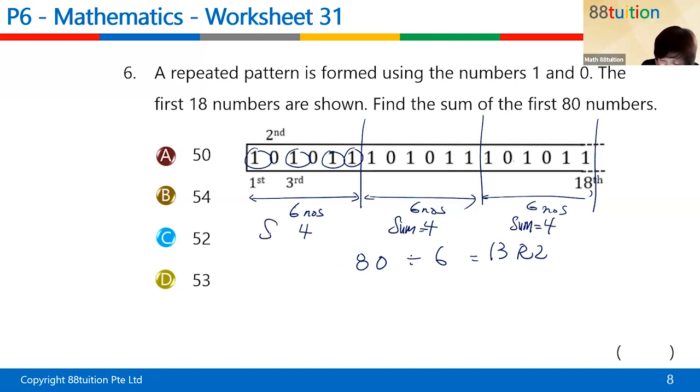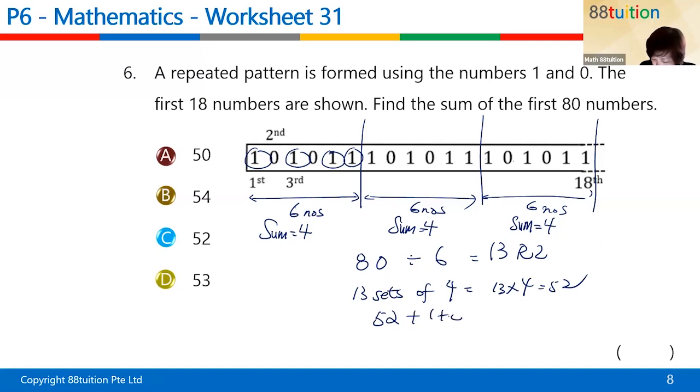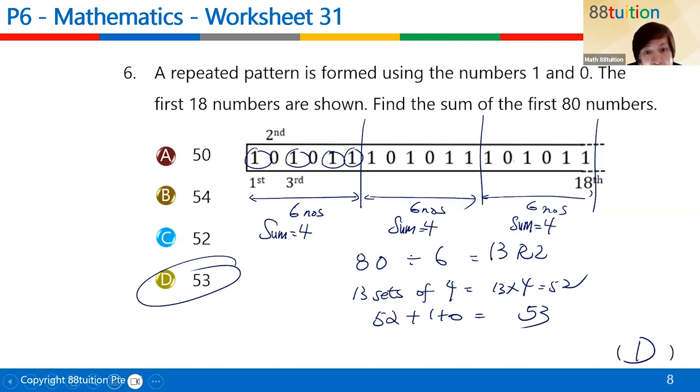How many 4 will that be? A lot. That is 13 sets of 4. So you must have 13 times 4, which will give you 52. But you have a remainder of 2, the first 2 digits. So what do you have? You get 53. That's option D. Okay?